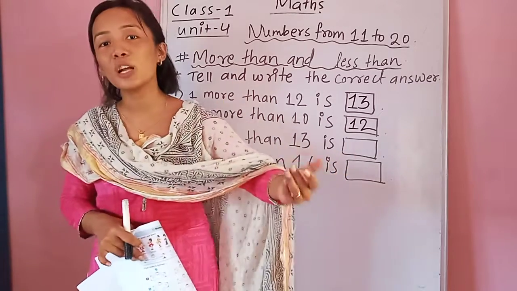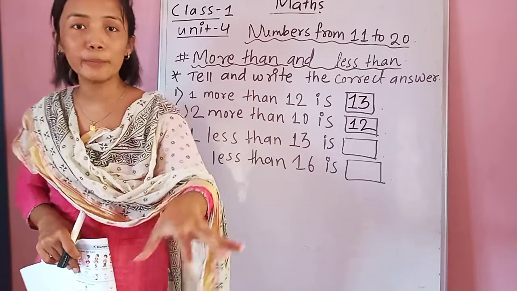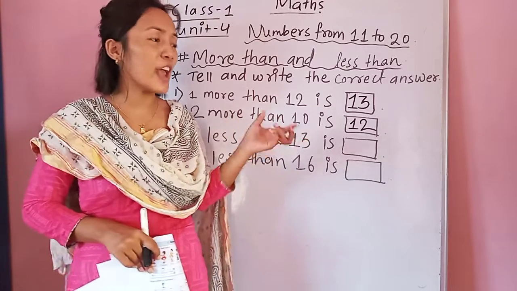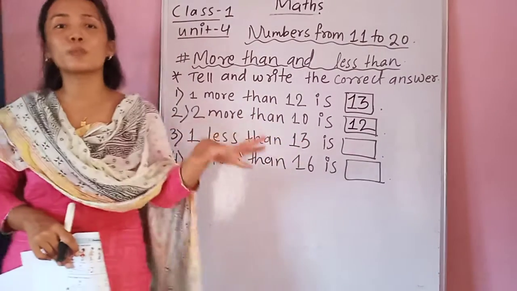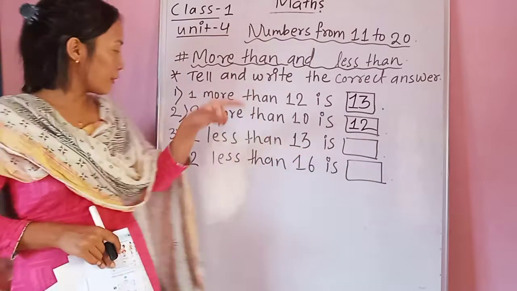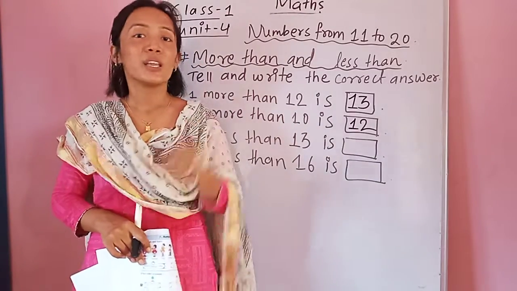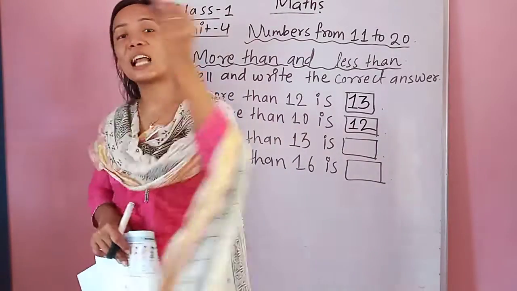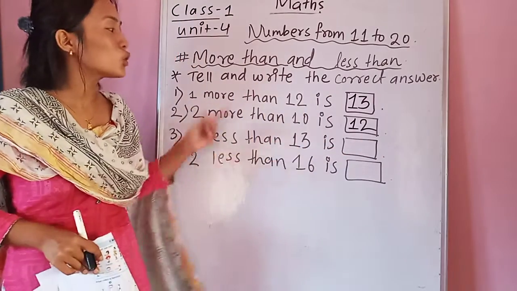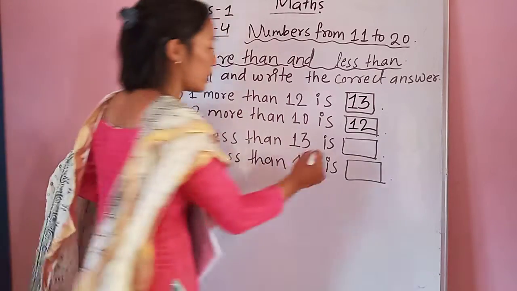I want to give you an example. Suppose you have 13 pens and some of your friends have not brought a pen. If you give 1 pen to a friend, then how many pens will remain with you? यदि 13 वटा पेनमा तिमीले एउटा पेन साथीलाई दिन्छौ भने गिनेर त्यसलाई, if you count the remaining ones, there will remain 12 pens. So that means 1 less than 13 is 12.